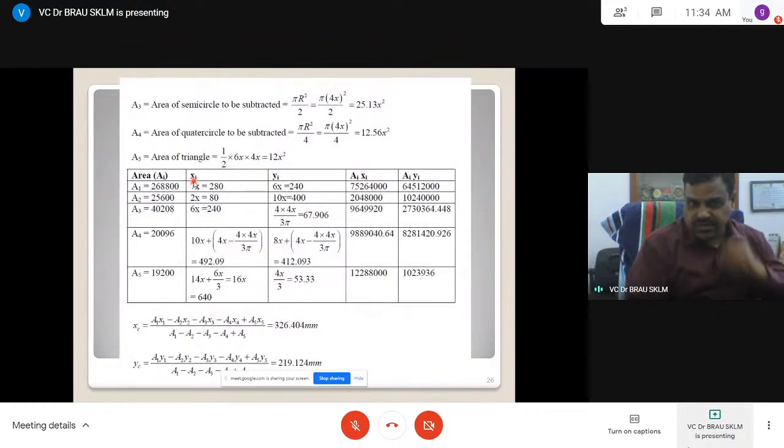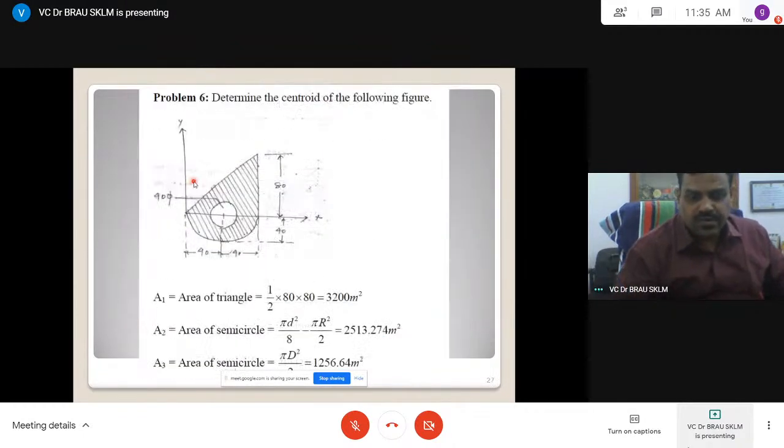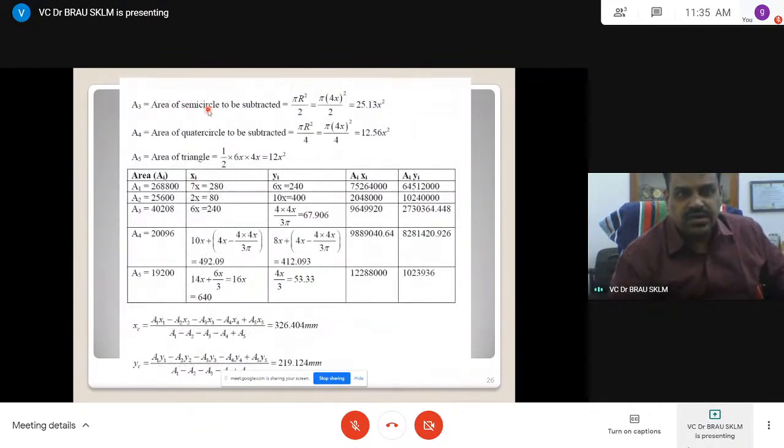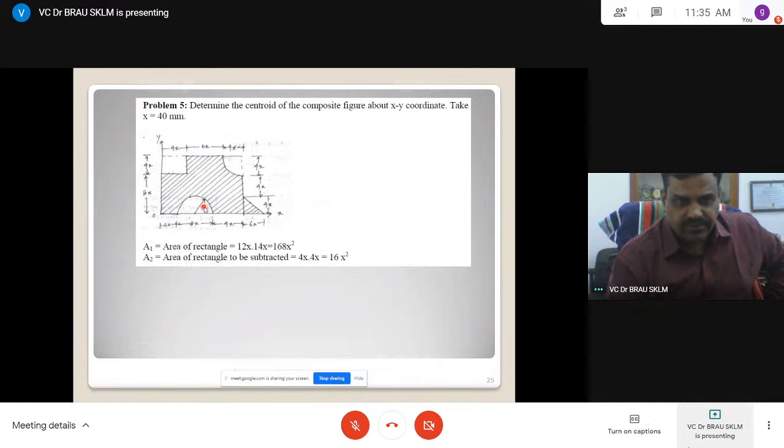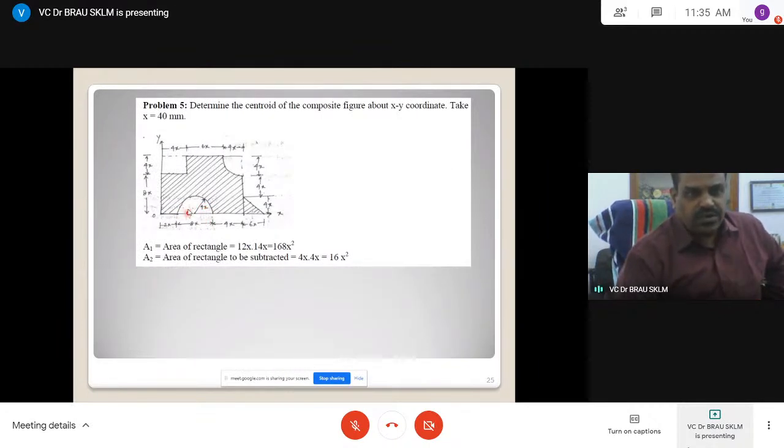Similarly, A3 is already determined. A3 is this area of semicircle, pi r square. Now A3 is this. 4r by 3 pi, that is x coordinate, and this one, this y coordinate, and x coordinate is this length 2x plus midpoint.